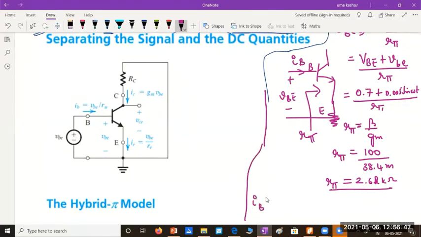That is what is asked. Therefore, the base current IB of t can be written as 0.7 by 2.62 K plus 0.005 by 2.62 K into sine omega t. Can you just tell me how much this would be?